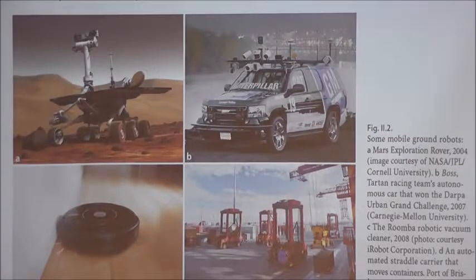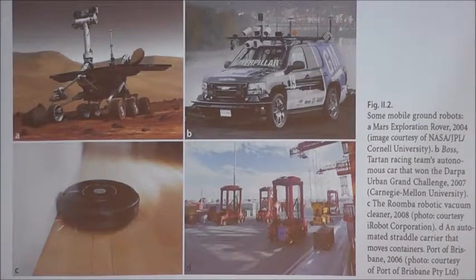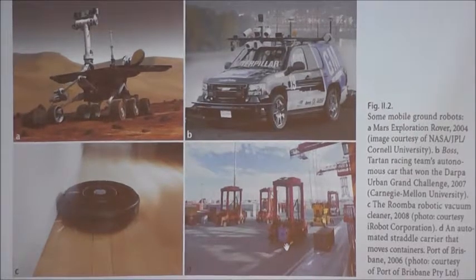And then this is an actual working port in Brisbane, Australia. I've actually been to Brisbane. It's right by the ocean, a very beautiful place. Parts of it remind you of Hawaii, actually.